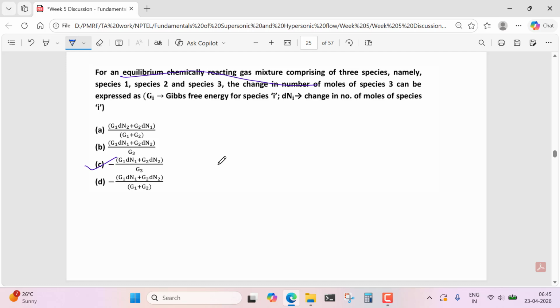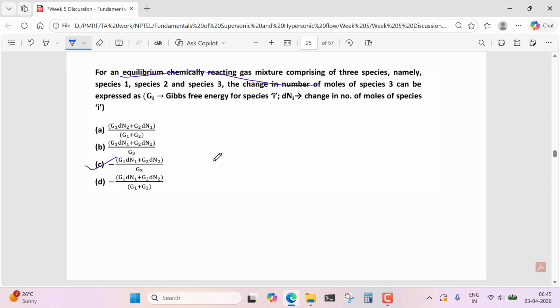There are 4 options. Option A: G1 dN2 plus G2 dN1 upon G1 plus G2.